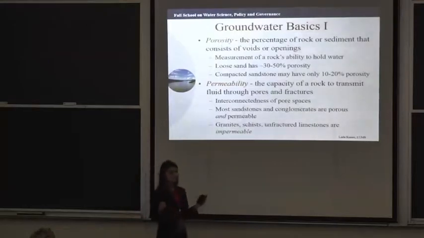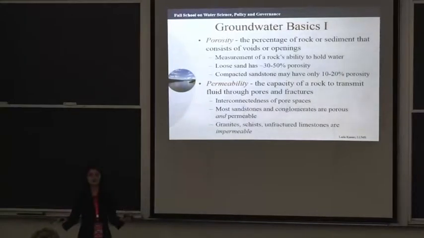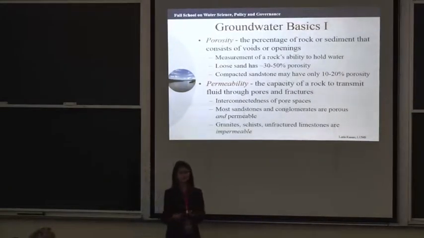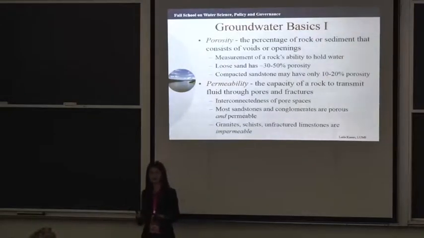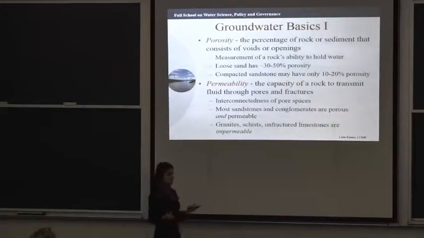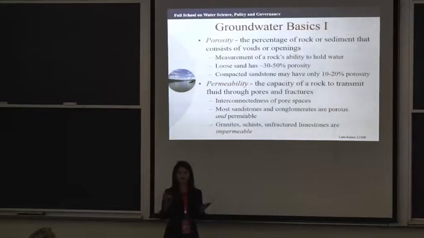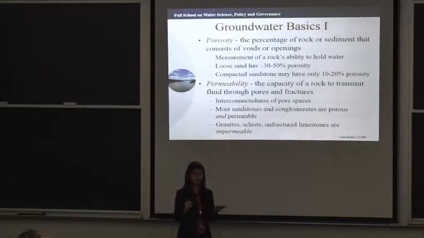Some terms that you should know when dealing with groundwater, if you want to pursue learning about how to model it: there are two terms, porosity and permeability, that determine groundwater flow and movement. Porosity is the percentage of space in the rock or soil that is filled with water.